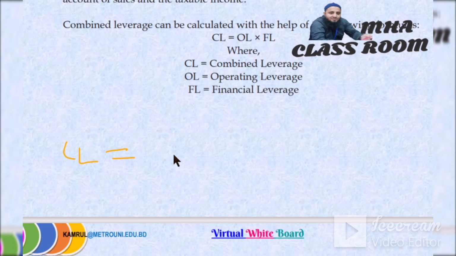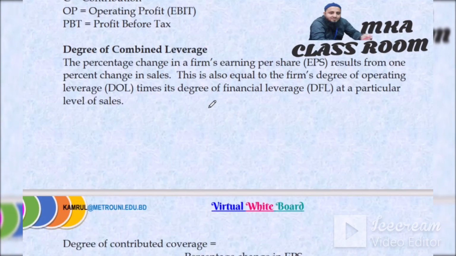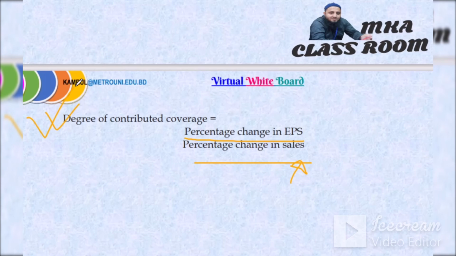You can find the combined leverage. So here it is clear that if you make a 1% change in sales, then what happens to your EPS? That can be determined by the degree of combined leverage. So it is clear that with a 1% or 2% change, what will happen to your operating profit?